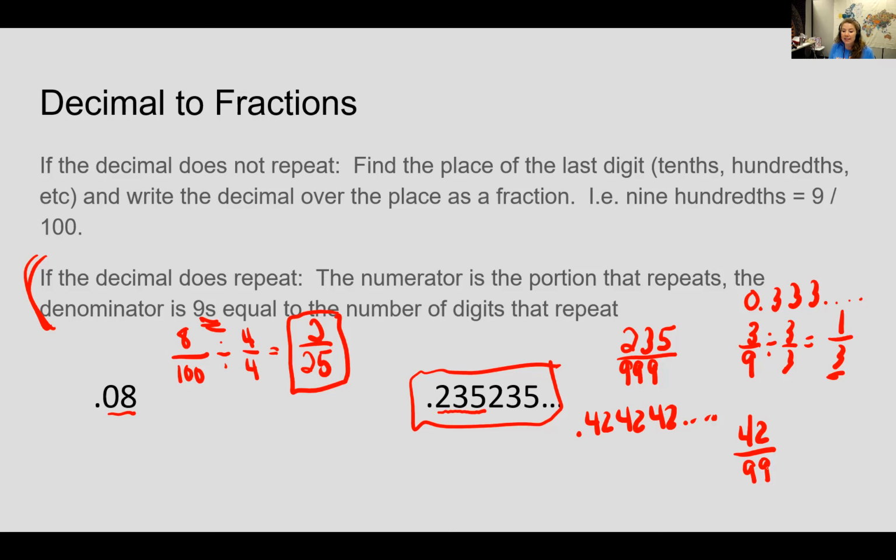Now 42 and 99 are divisible by 3, so I can simplify that. 42 divided by 3 is 14, and 99 divided by 3 is 33. So 14 over 33 is equal to 0.424242. That's just a little part you have to remember about the nines for repeating decimals.